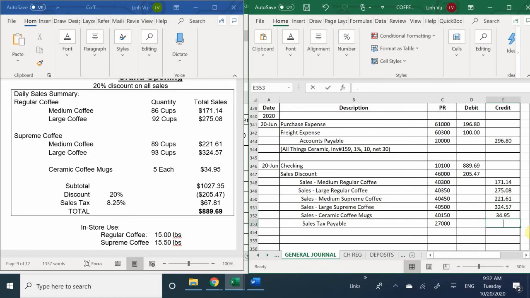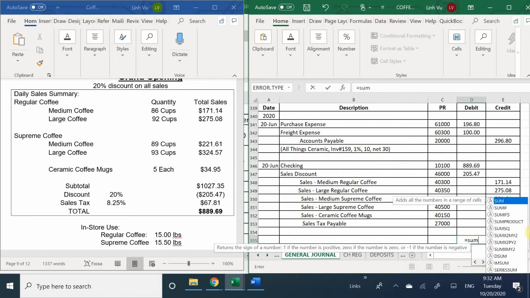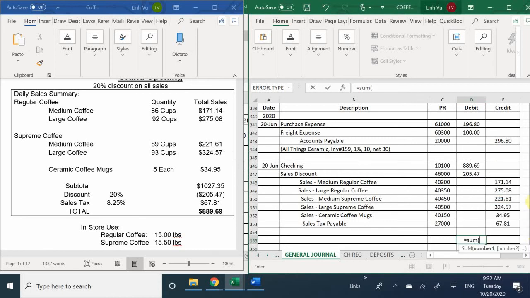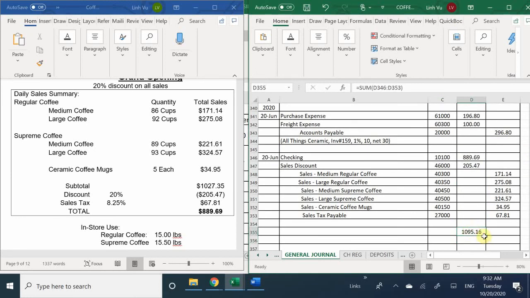Tax 6781. Okay, 1095.16 on both sides, so we are even.